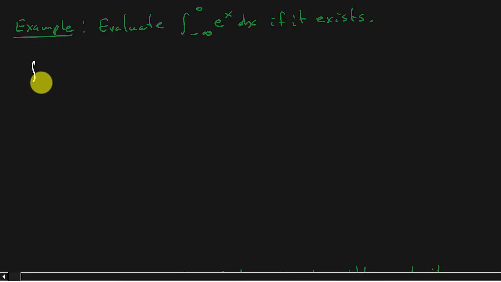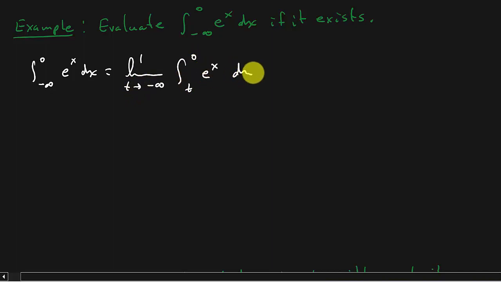So we've got the integral from negative infinity to 0 of e to the x dx, which is equal to the limit as t goes to negative infinity of the integral from t to 0 of e to the x dx. We replace the negative infinity with the t, and then take the limit as t goes to negative infinity.